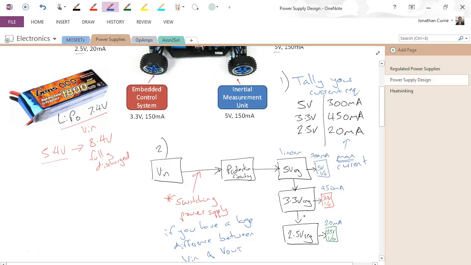We see that the total current required to be supplied by the 3.3 volt regulator is 470, the sum of both of those, and the total by the 5 volt regulator is 770 milliamps. So you can see what I mean, that by cascading it we run into this problem where each regulator above has to carry all the current of the lower regulators.